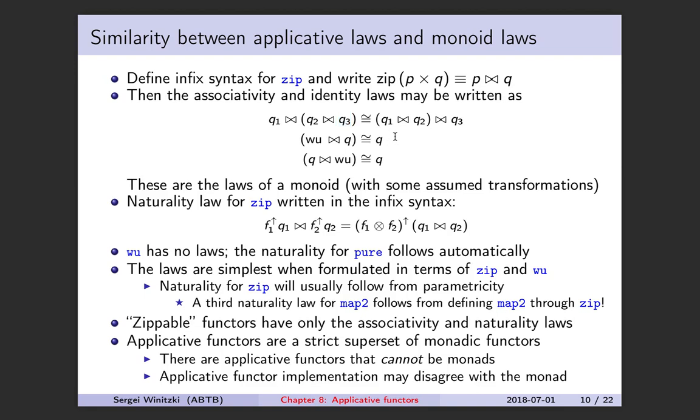However, if f is the constant functor, then all of these are just the same type z, and then this becomes exactly one-to-one monoid laws. There aren't any more type transformations here. This becomes equality, and these three laws become exactly the monoid laws.